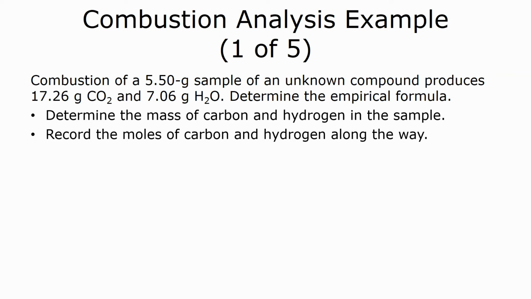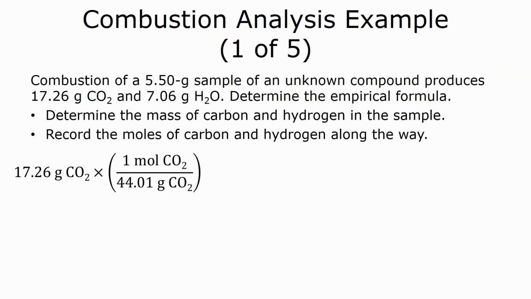This is going to become important later on when we want to use the mole ratios to determine the formula. So we start with our 17.26 grams of carbon dioxide. We're going to divide that by the molecular weight of carbon dioxide, or multiply times the reciprocal. And then from the moles of carbon dioxide, we're going to find out how many moles of carbon we have.